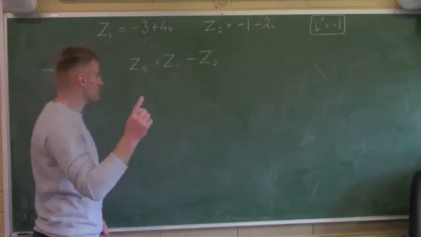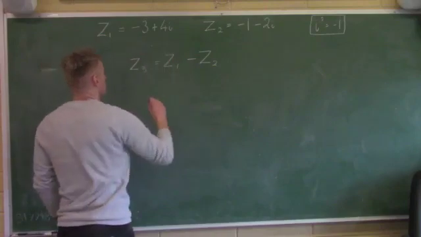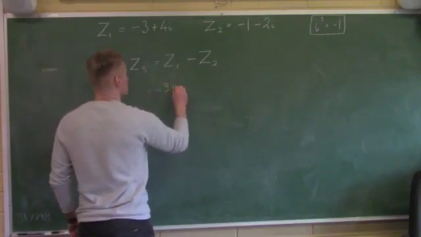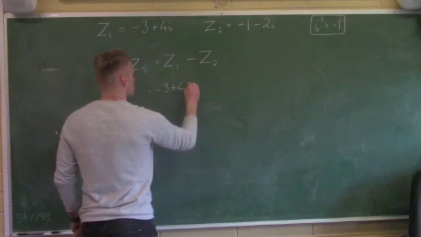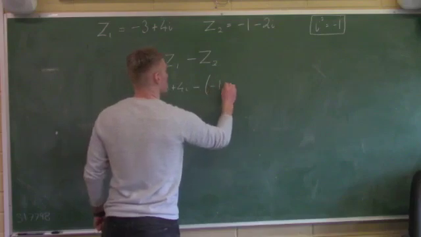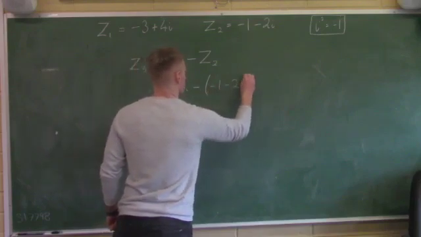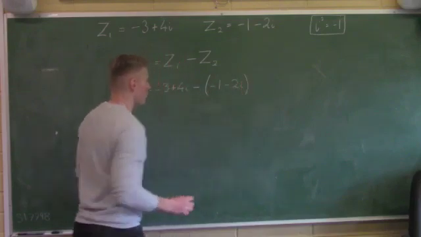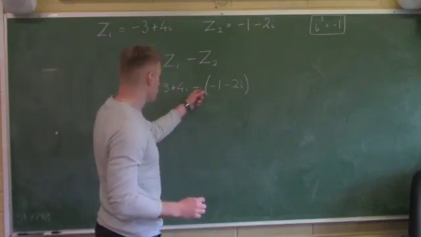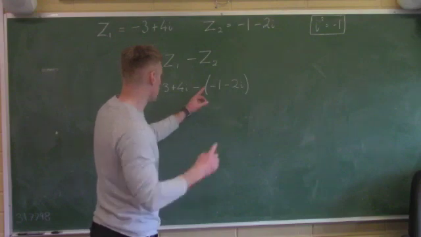Okay, so step 1 is the substituting. Instead of Z1, I'm putting in minus 3 plus 4i. Instead of Z2, I'm putting in minus 1 minus 2i. Now, why did I put this in brackets? I put this in brackets because of this negative, this takeaway sign beforehand.